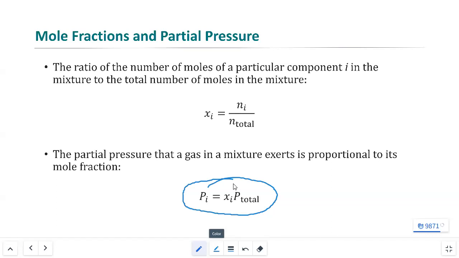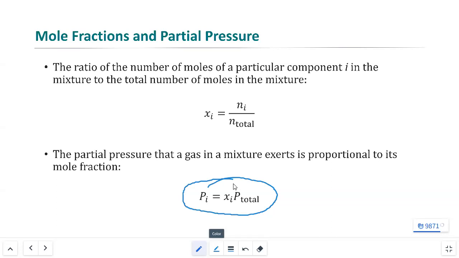You can have one combination of liquids in solution at very different concentrations than the vapors, based upon the vapor pressure of the substances themselves. And it makes for some really interesting kinds of properties that you start to look at.